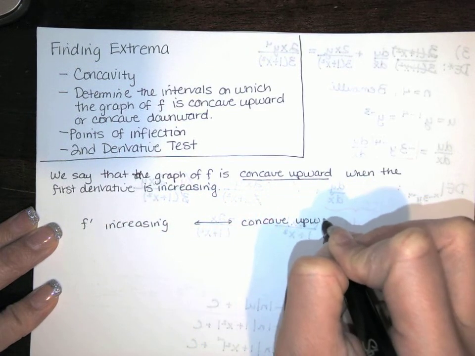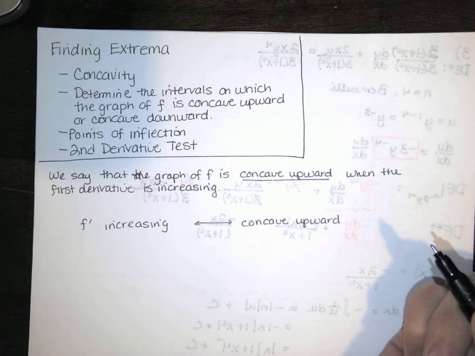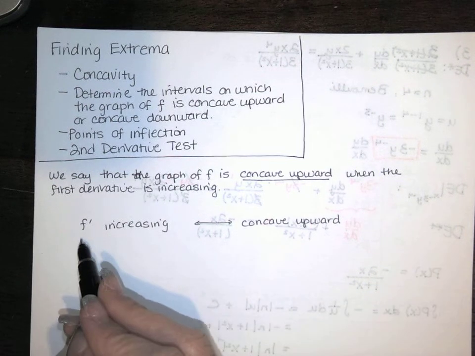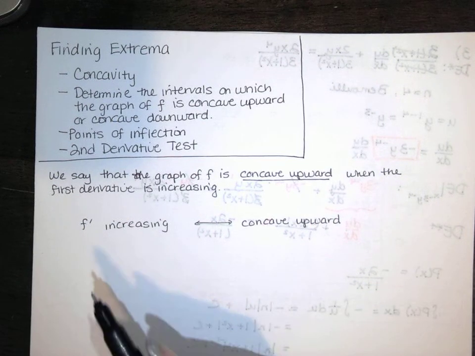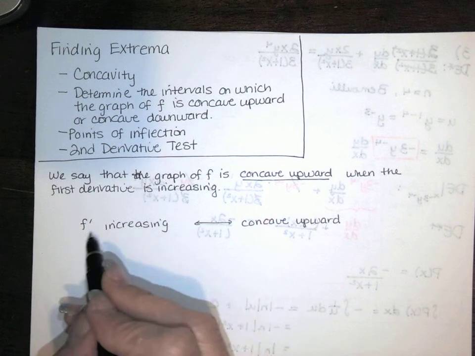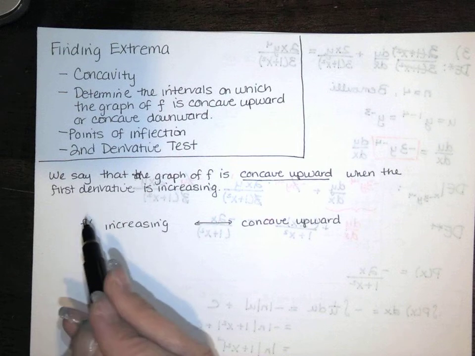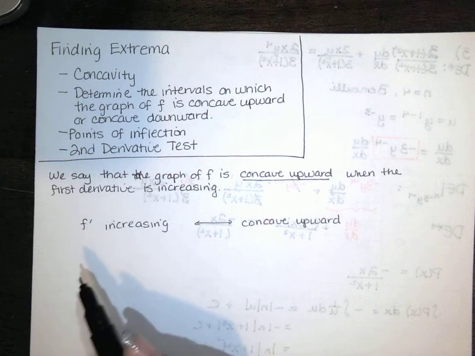Now we just talked about increasing and decreasing in the last couple of videos. We said that f is increasing when its derivative is positive and f is decreasing when its derivative is negative. So if f prime is increasing, what we're really saying is that f double prime, the slope of the slopes, the derivative of this one, is positive.